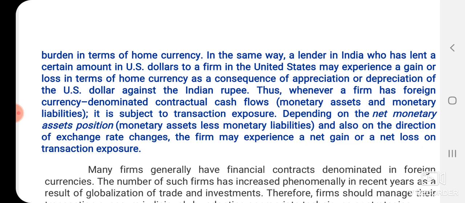The same situation occurs in the United States as well. Same situation. Why? Because of appreciation or depreciation.